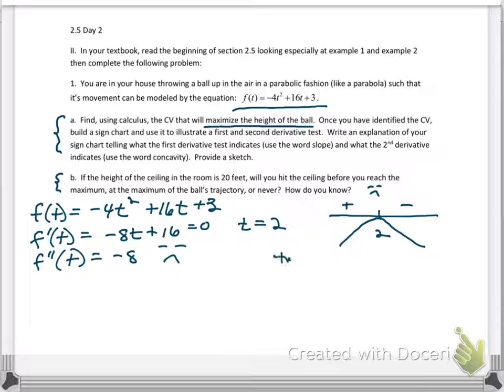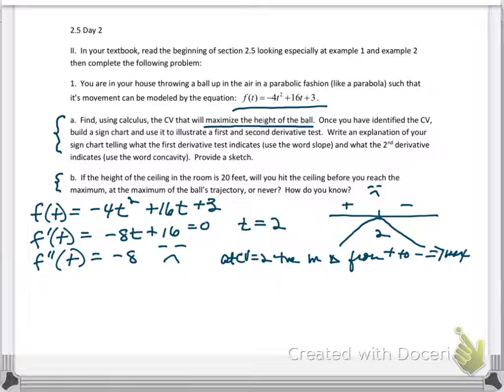So I'm going to say at CV equals 2, the slope changes from positive to negative, which gives me a max. Okay, so I use the word slope.